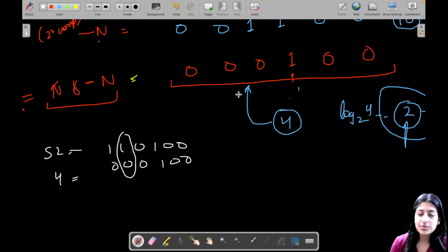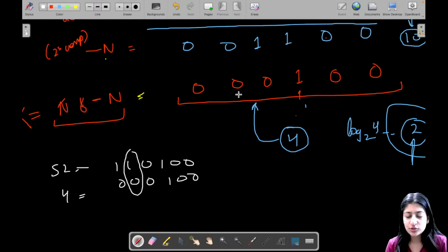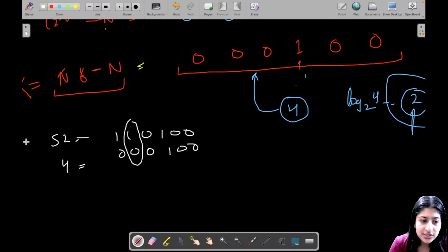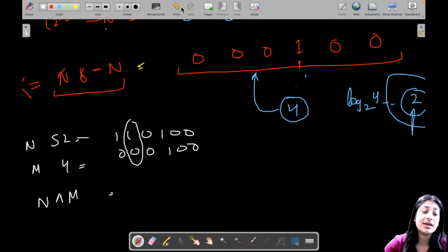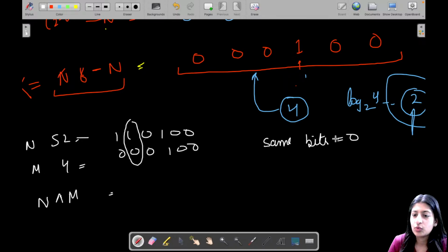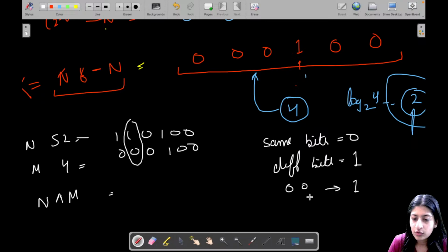So when I said I'm checking which position I find the first set bit, why am I doing so? Because let's do XOR of these two numbers, n XOR m. What are we going to get by doing n XOR m? In XOR's truth table, wherever we have the same bits, my resultant bit will be 0, and wherever I have different bits, my resultant bit will be 1.